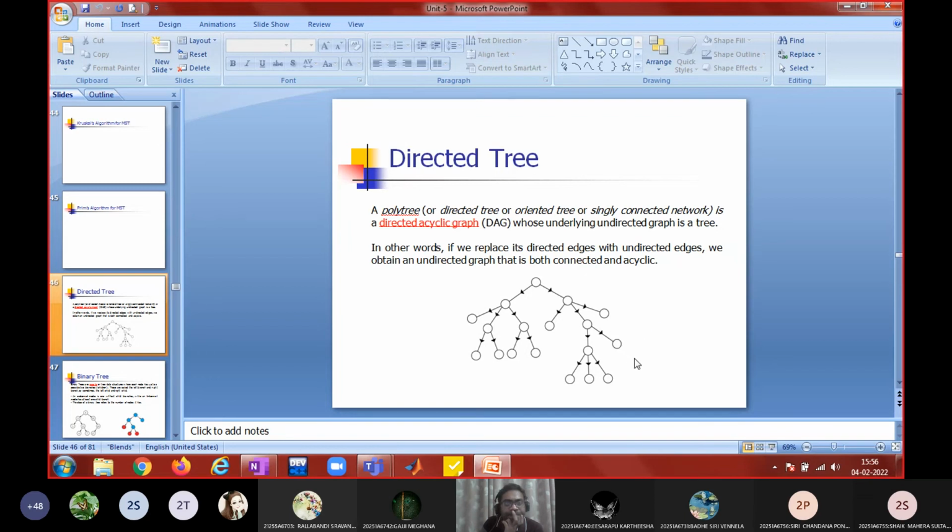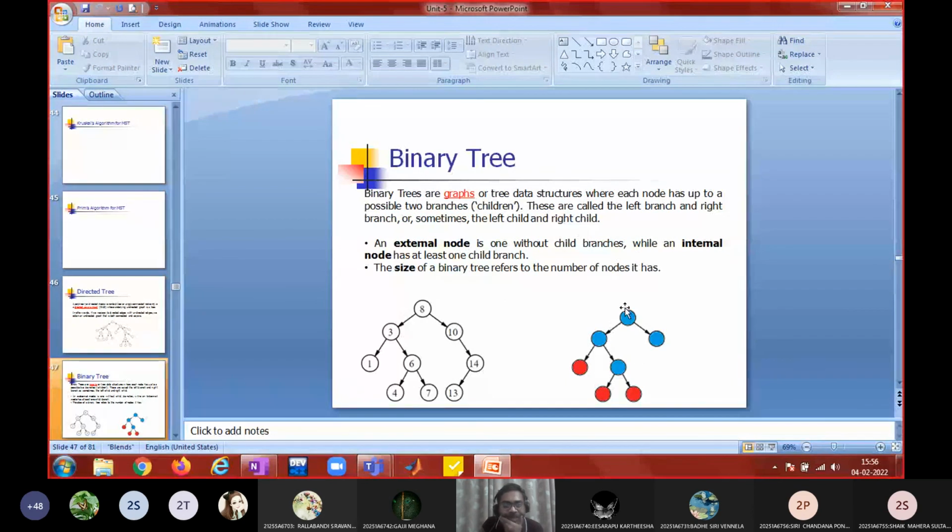Yes, sir. Okay, so next one is a binary tree. So binary tree is what? Binary trees are tree data structures where each node has up to a possible 2 branches, called children. These are called left branch and right branch, or left child and right child. It can have at most 2 children, not more than 2 children.